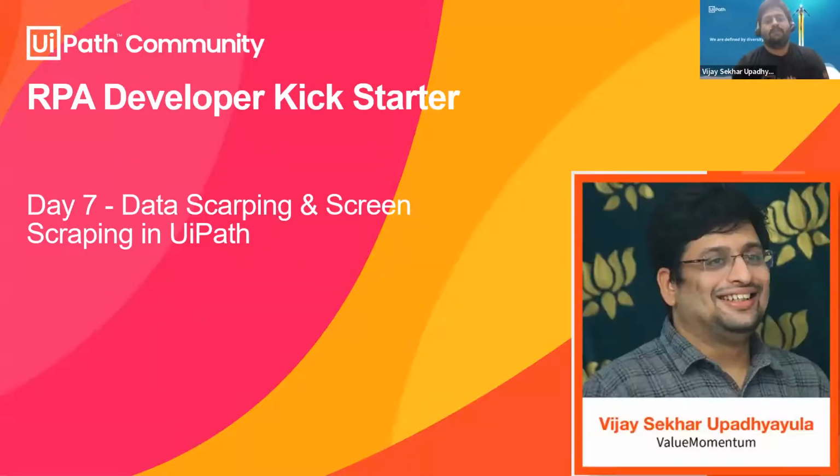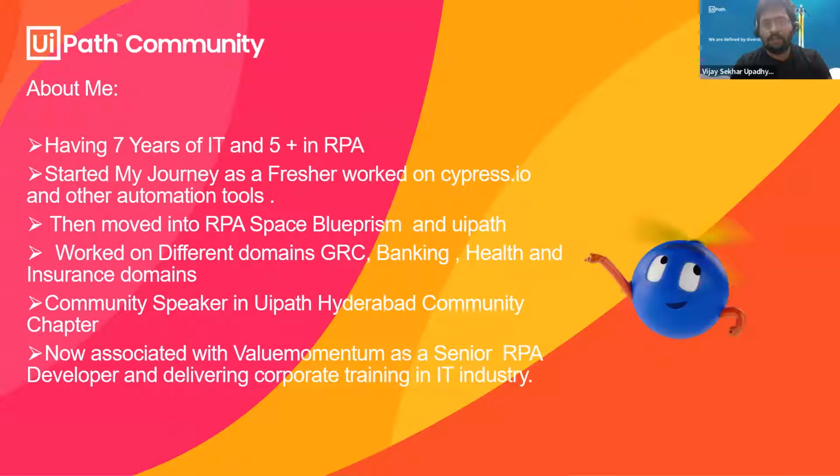So, coming to myself, my name is Vijay Shekhar, and I have 7 years of IT experience and 5+ in RPA. I started my career as a fresher with Cypress.io, which is a JavaScript-based tool, and then I moved on to the RPA space. Of the different tools I have worked on, primarily UiPath.